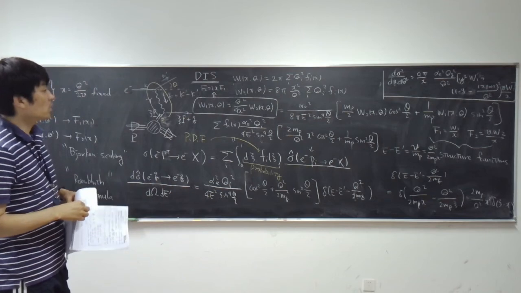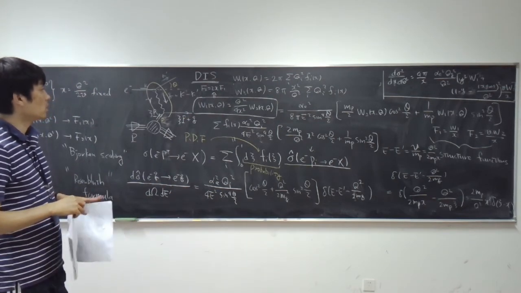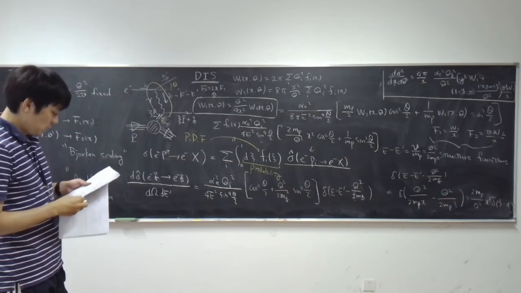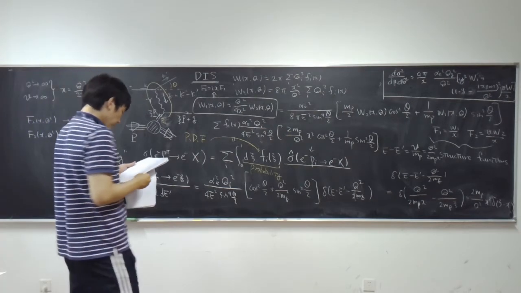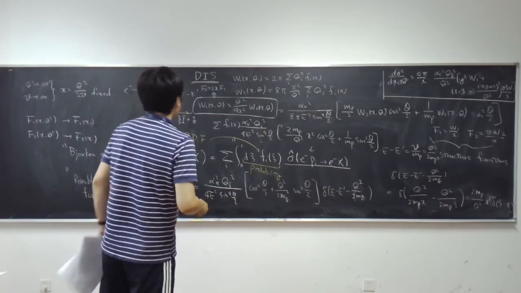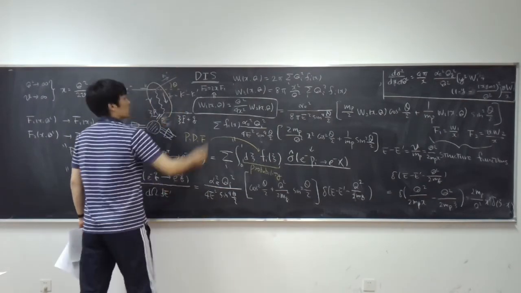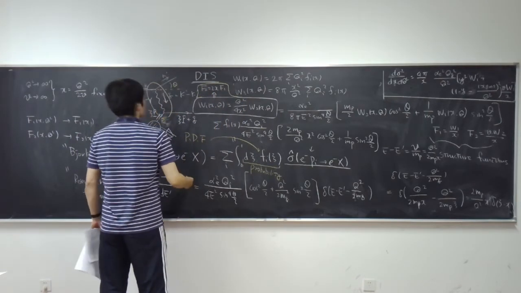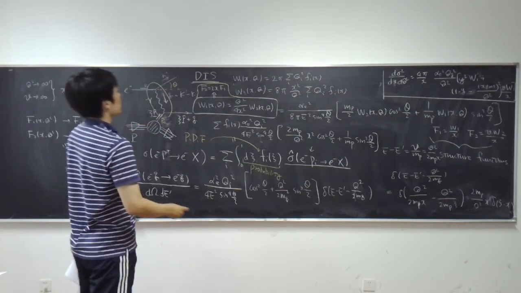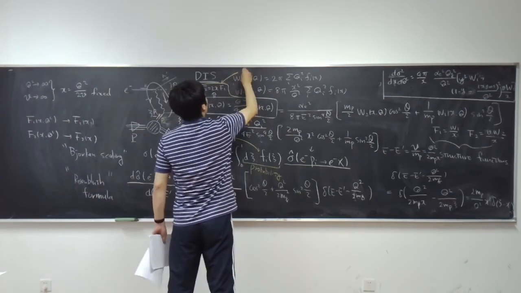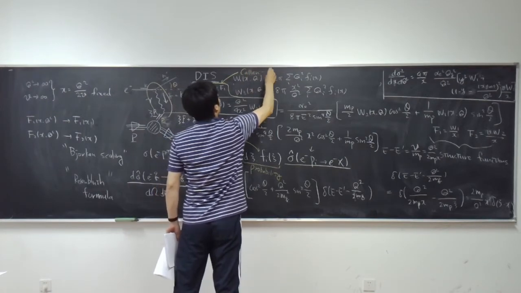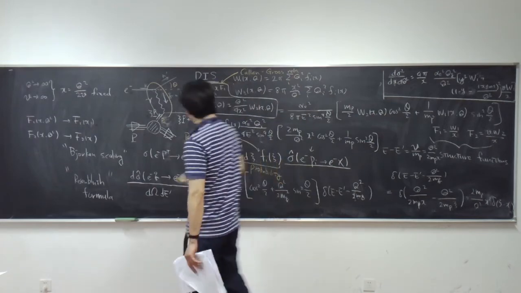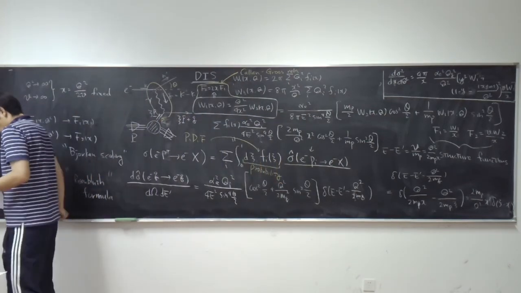So that's what you can obtain. This relation is called the Callan-Gross relation.